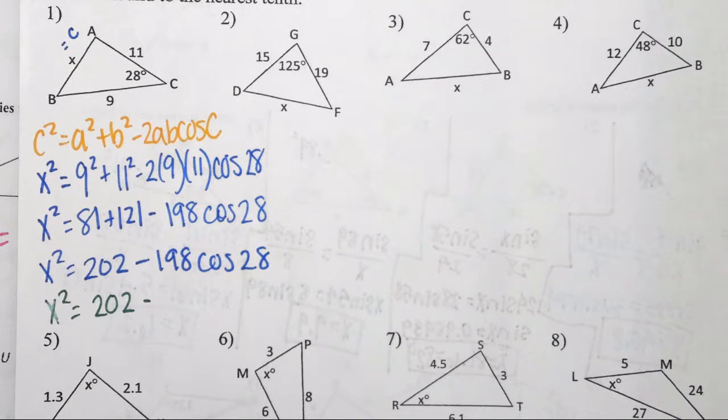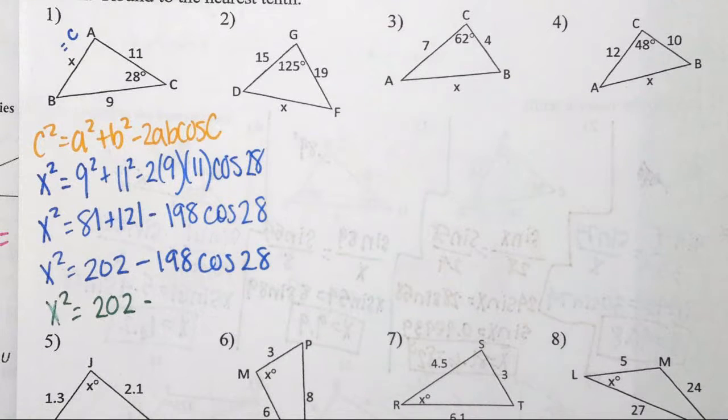No, on this one you do 28 first. So it's down. And then times 198. Nope. Because you hit minus. So you do 28 cosine times negative.